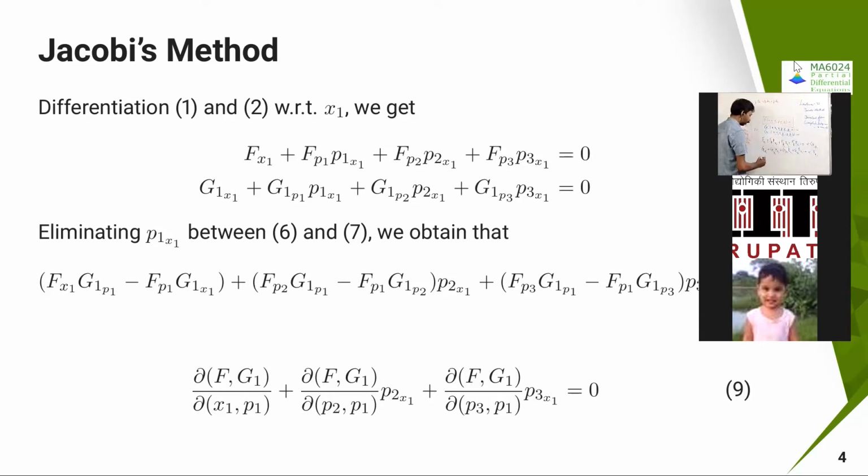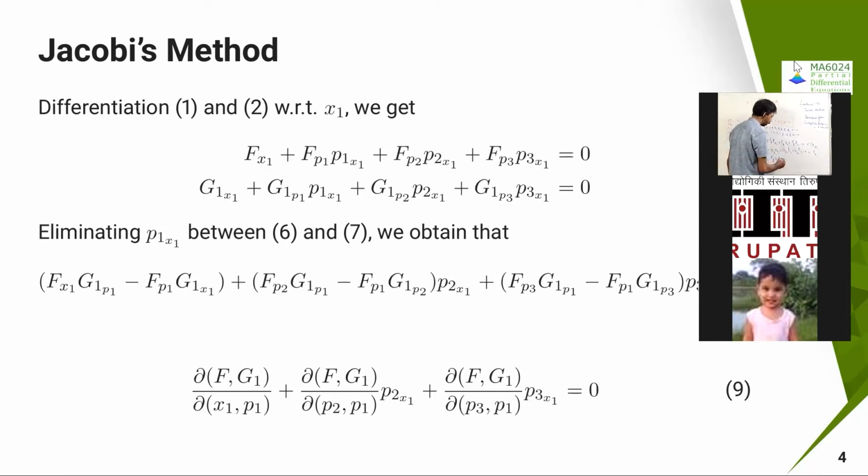Therefore, what you are going to have is fx1 multiplied by g1 p1, minus fp1 into g1 x1. Okay, so this is going to be ruled out.